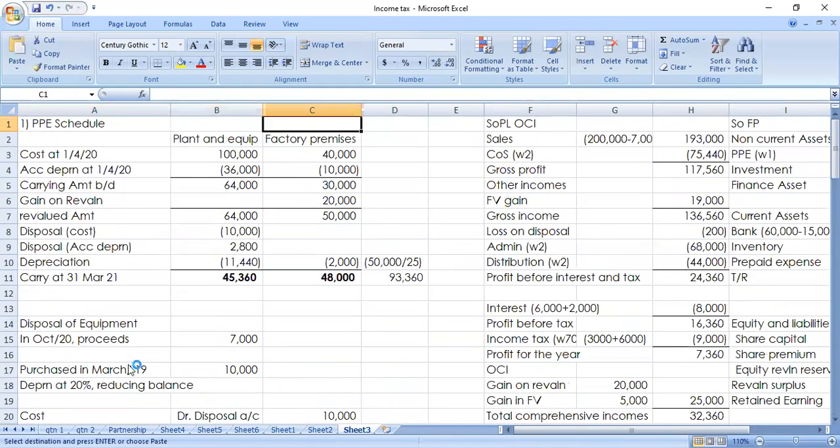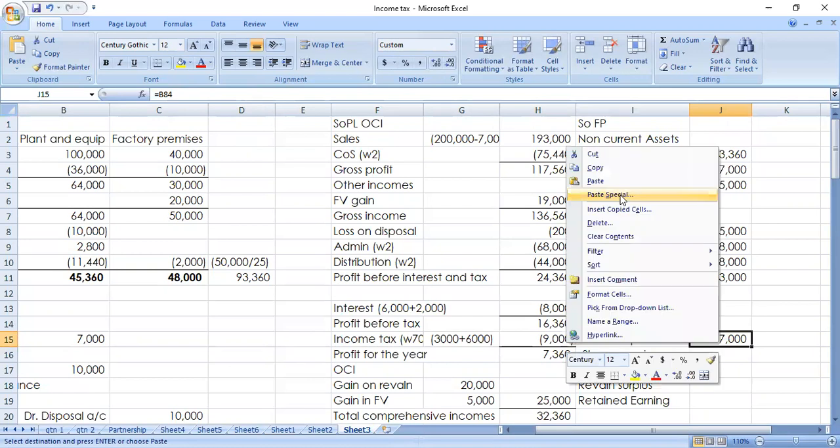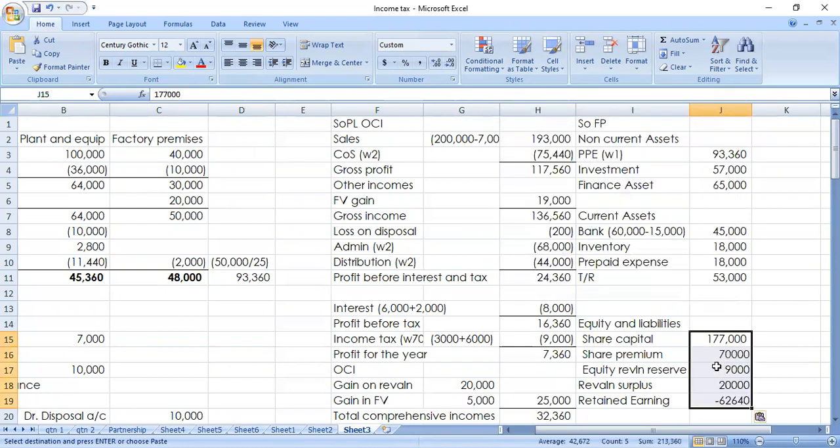You copy the way they are, there is the way you bring them in. Okay, and this is what you have.